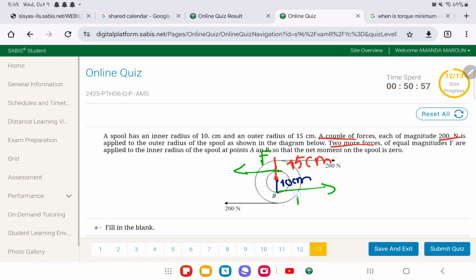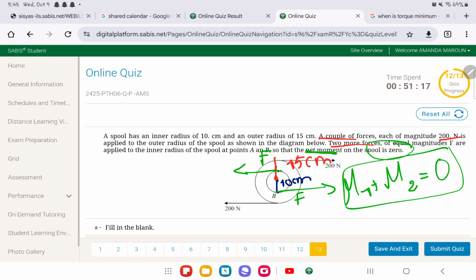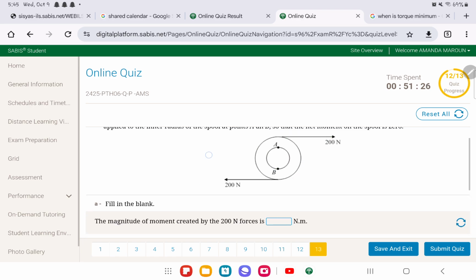So this is F and this is F, so that the net moment on the spool is 0. Meaning you add moment 1 plus moment 2, then you would be getting 0. Why? Because they are a couple of forces.